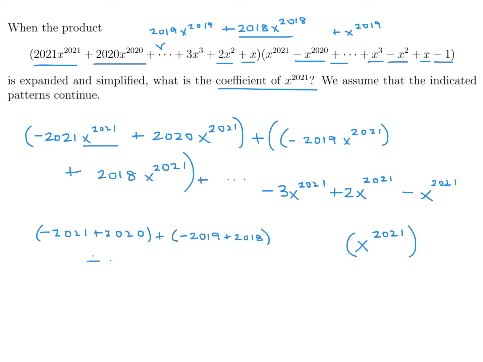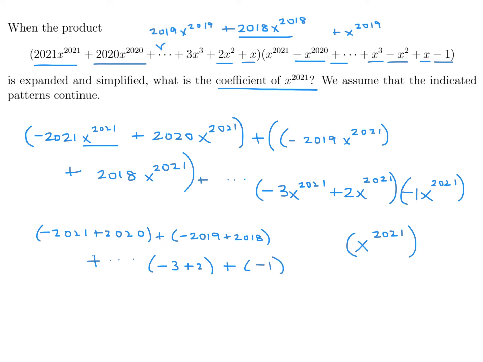And then you just keep on going like that. And then how many are there in total? This is sort of like 1, right? So 1 to 2021. Okay, so it's not an even number. So that makes me think that it's going to pair like this, and then there's going to be 1 left over at the end. Okay, so eventually you're going to get to minus 3 plus 2, and then there's going to be a negative 1 at the very end.